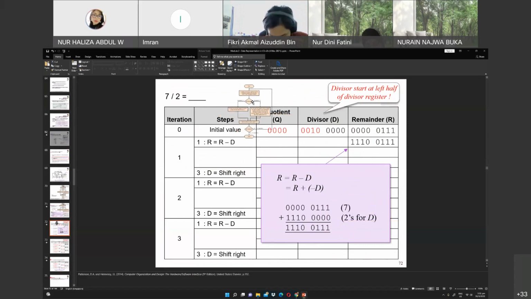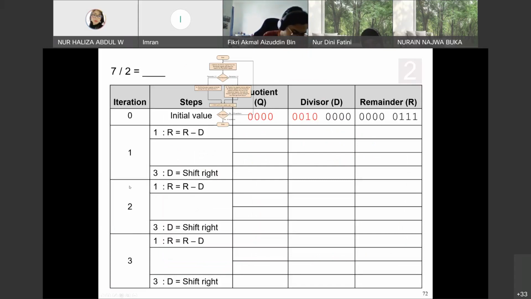Okay, I'm going to put it quite small, but I hope that you can see. Now, if you were given this question, you need to know where is the D, where is the R, where is the Q, isn't it? So here you have something slightly different, especially this divisor.